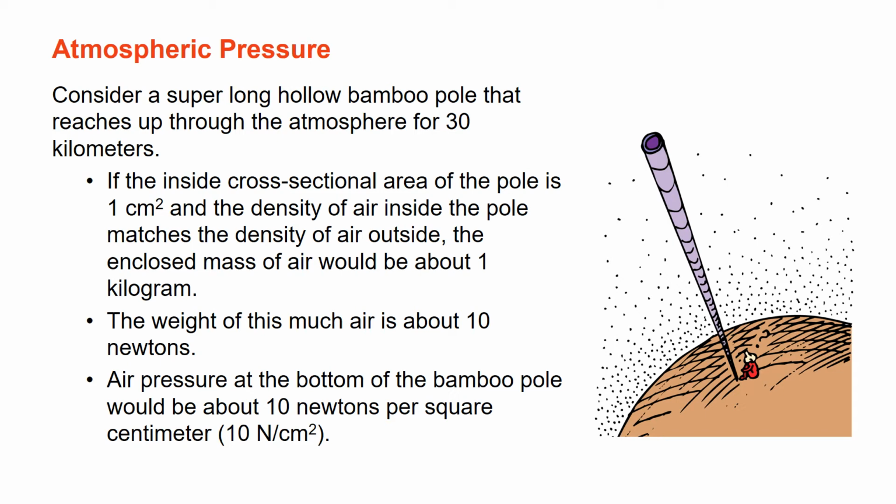The weight of this much air is about 10 Newtons, simply mass multiplied by gravity. Air pressure at the bottom of the pole would then be about 10 Newtons per square centimeter.